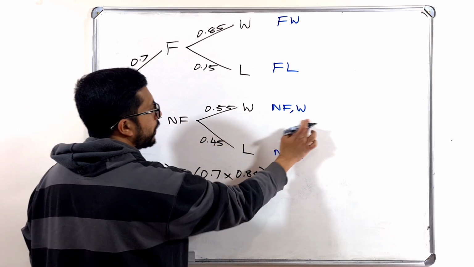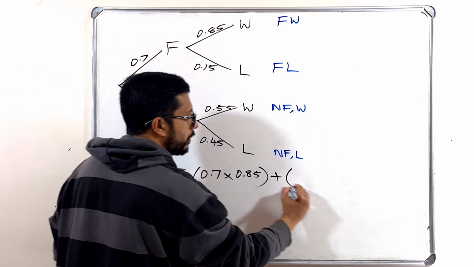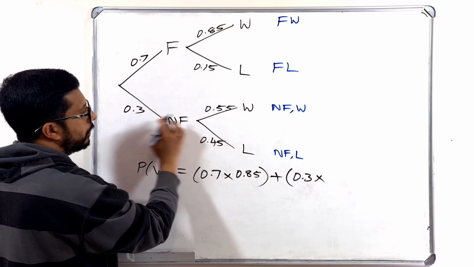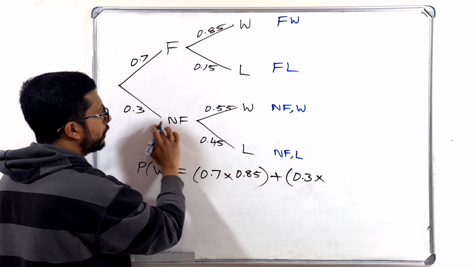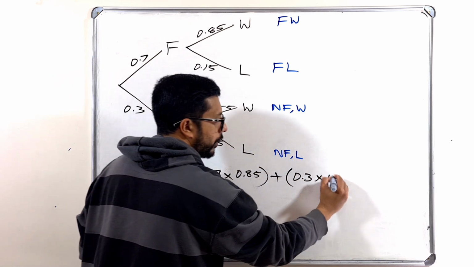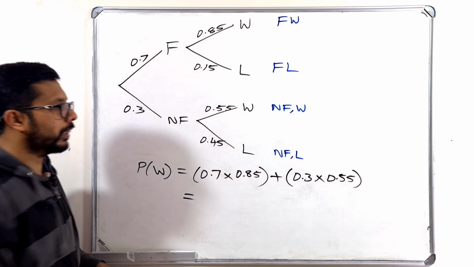So what is the probability of this one? Plus 0.3 times, then this is the not fit win. So there also it is a win. That's why we are considering that one. So 0.3 times 0.55. Check in your calculator.